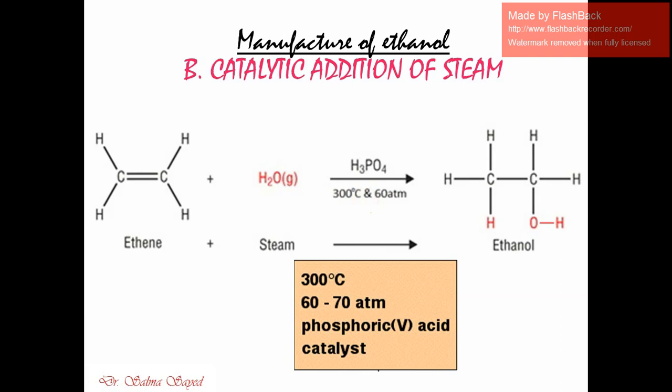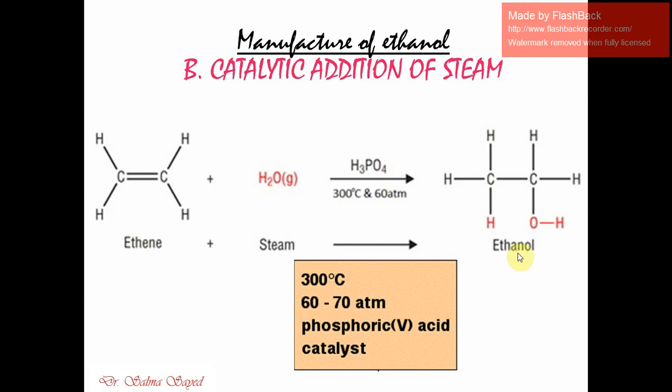Now, the second method to produce ethanol is known as the addition reaction. If I start off with ethene, which is C2H4, and I add steam, my necessary conditions here are high temperature and pressure, so around 300 degrees Celsius and 60 atmospheres, in the presence of a catalyst known as phosphoric acid with a chemical formula H3PO4.